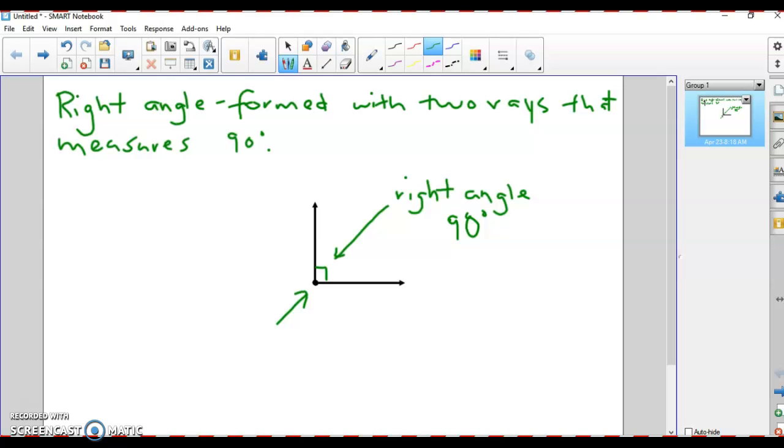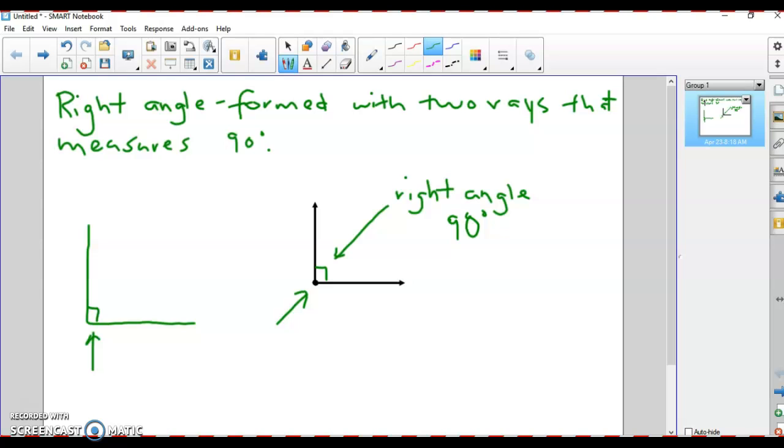And you'll notice that they make a perfect L shape. That angle inside there is going to fit perfectly with, let's say, the trick is a piece of notebook paper.